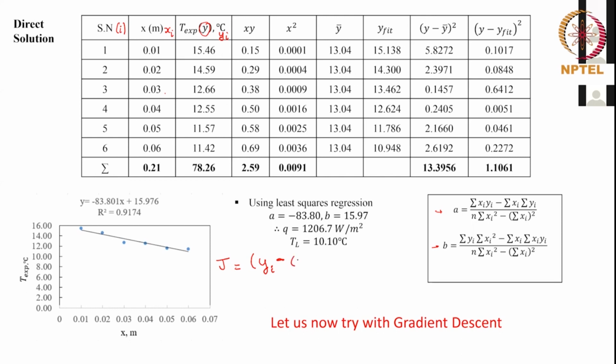You can say, in my notation, w0 plus w1 xi. This whole thing square. We will call this y hat i. Is everybody clear about this? And we will sum this up from i equal to 1 to 6. I'll put a factor of 1 by 2 here just for convenience.